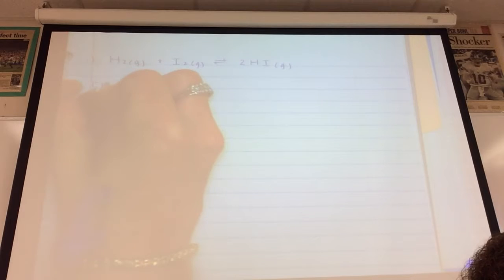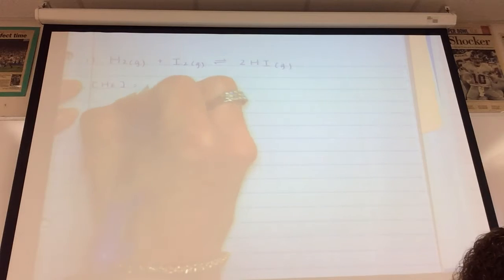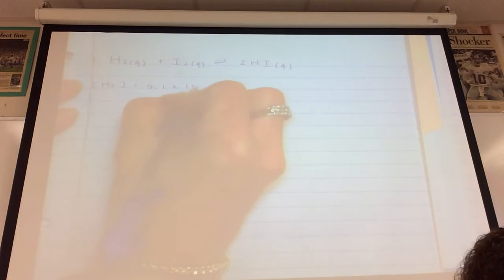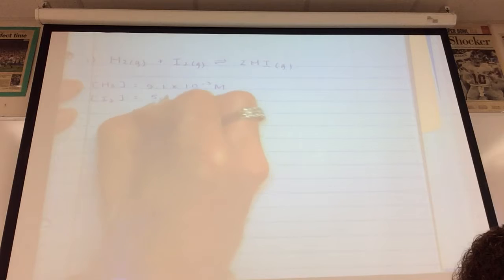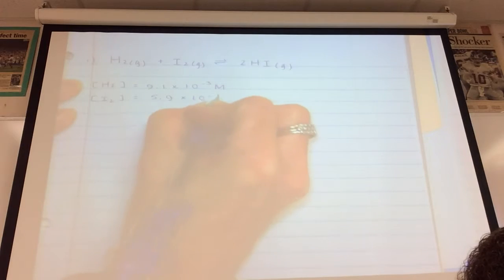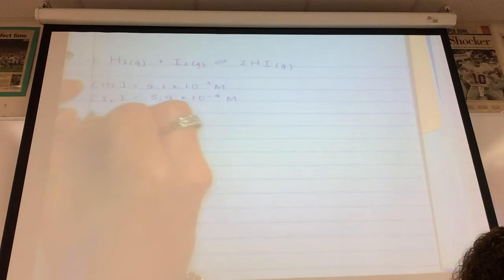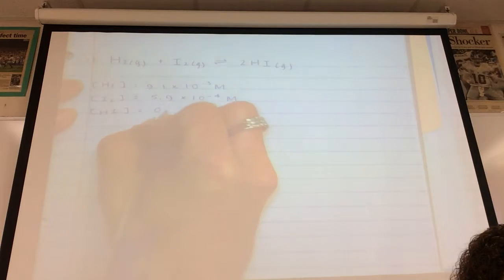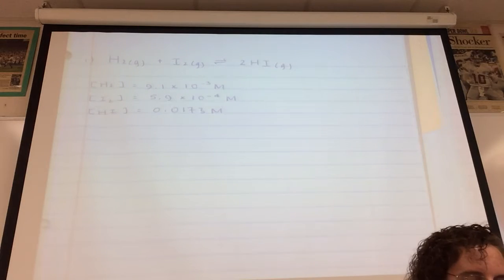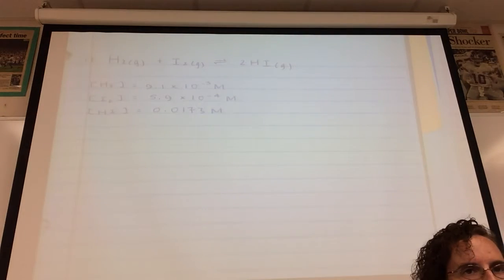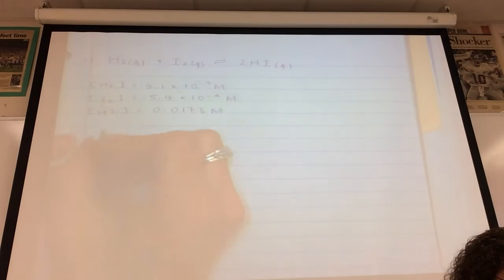The concentration of hydrogen gas is 9.1 times 10 to the negative 3 molar. The concentration of iodine vapor is 5.9 times 10 to the negative 4 molar. And the concentration of hydrogen iodide gas is 0.0173 molar. And we are asked to calculate the value of KEQ.